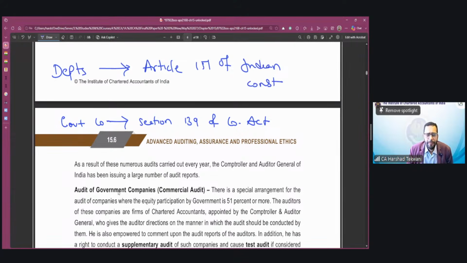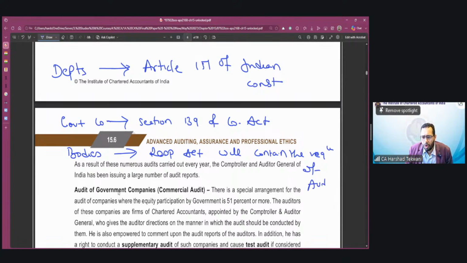And for the respective bodies, their respective act will contain the requirement of audit. In this way the audit framework, or the audit requirement, is there. That is the initiation, or you can say the starting point, for the audit. Clear? Any doubt?